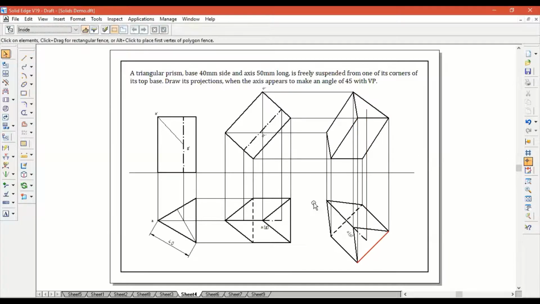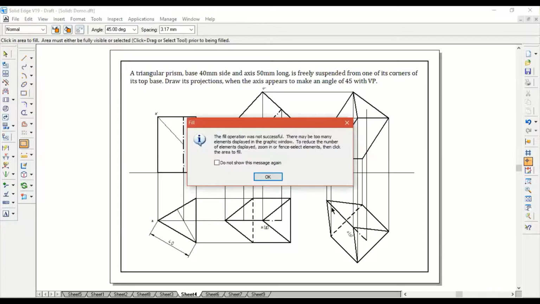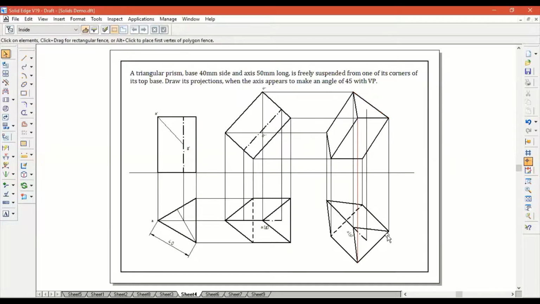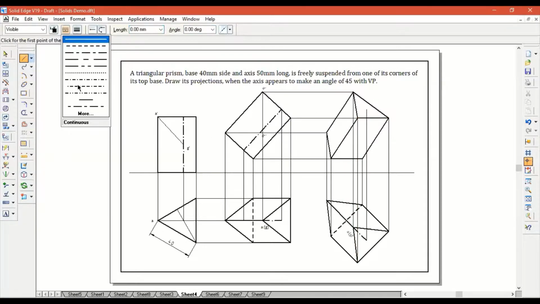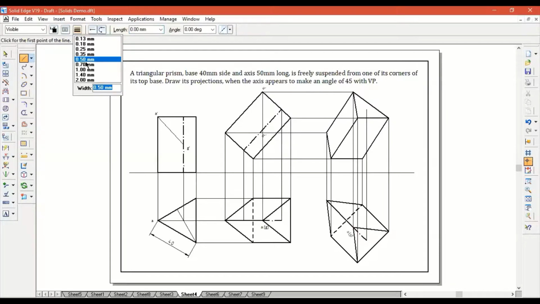Let's go back to our orange colors. This is our top base up here, and this is our bottom base. All I need to do now is mark the axis. It starts here.